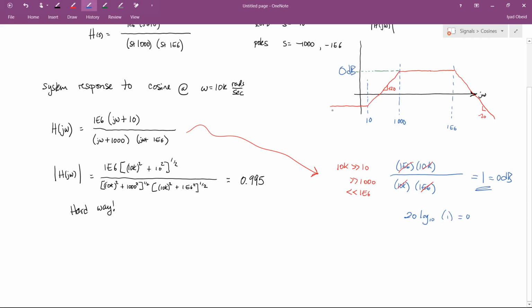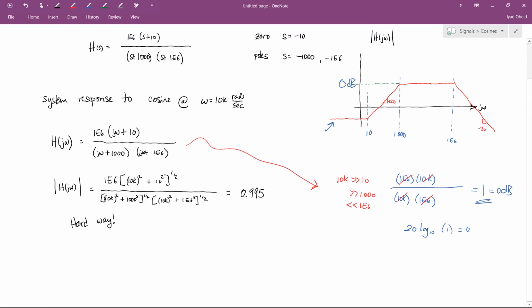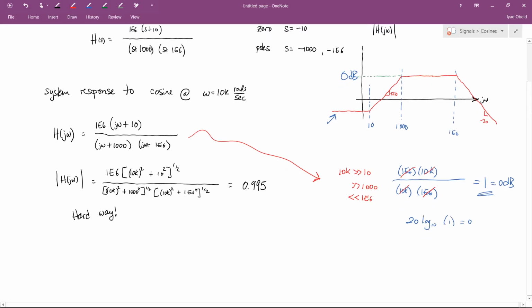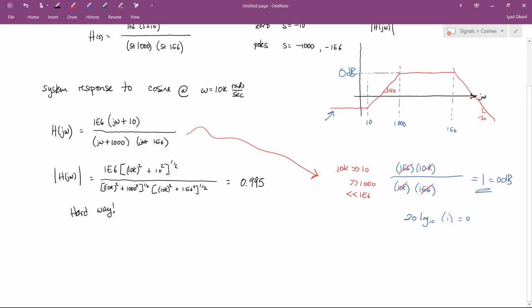Okay, what about down here? What gain do you think I have down there? Well, there's a couple different ways I can do that. I can go back to my transfer function and substitute in, instead of omega equals 10,000, a really small frequency, like omega equals 0.